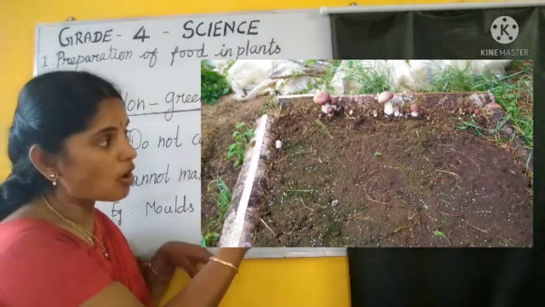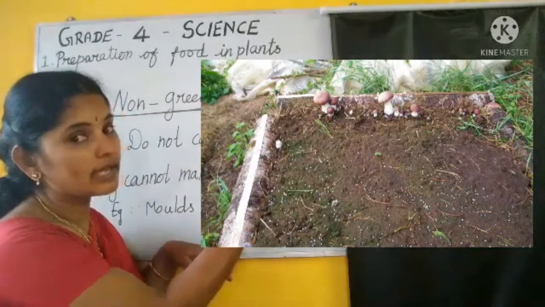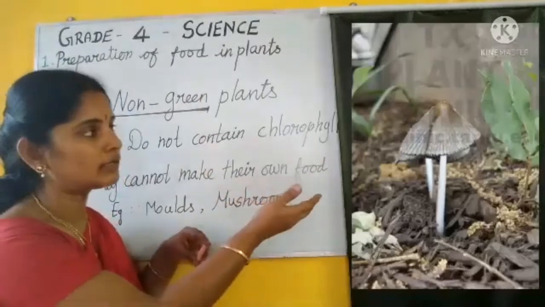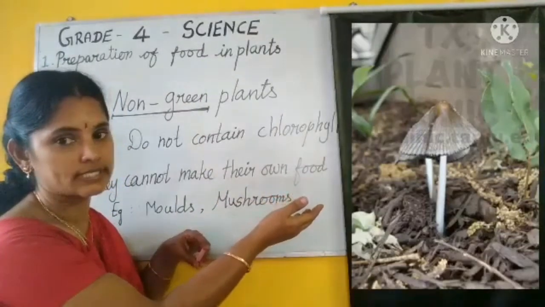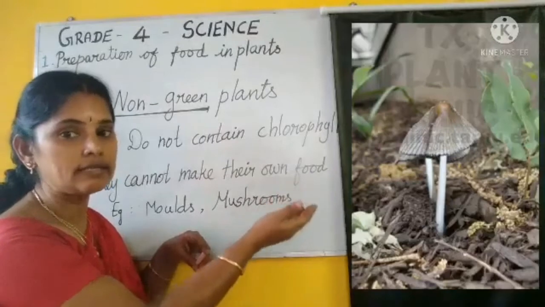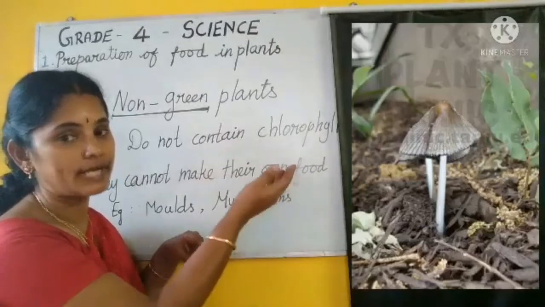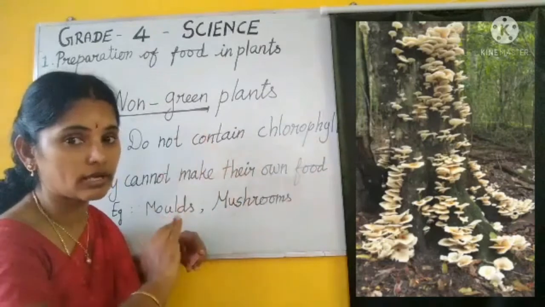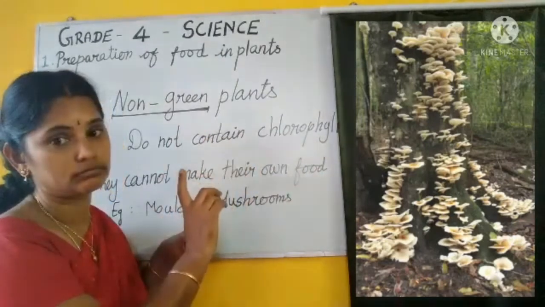So they grow on dead and decaying organic matter. Look at there. Normally in gardens during the rainy season, the damp region on the tree trunk, அந்த மரப்பட்டையில எல்லாம் ஈரம் இருக்கும் இல்லையா, அதுல காளான் வளர்ந்திருக்கும்.